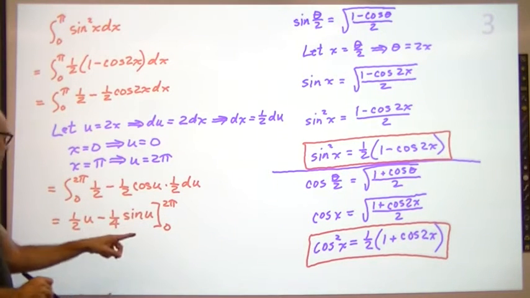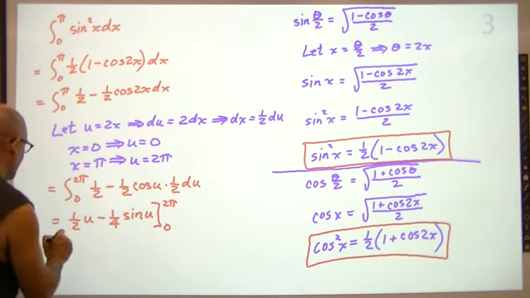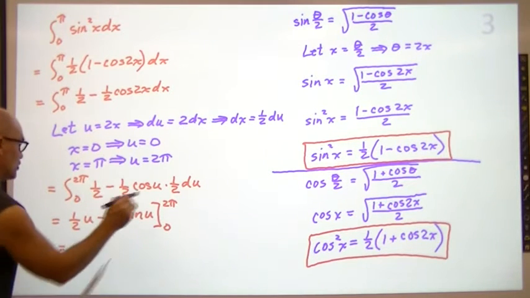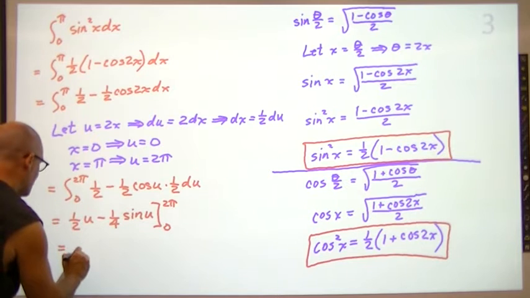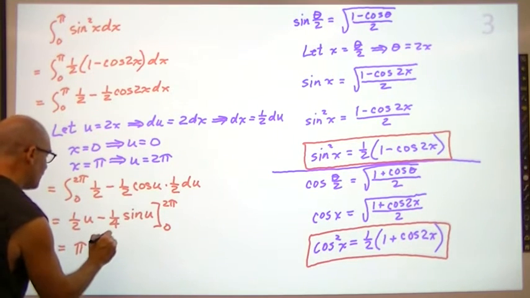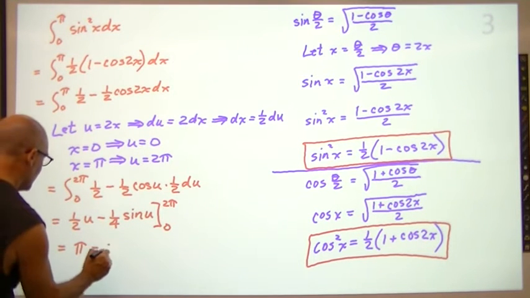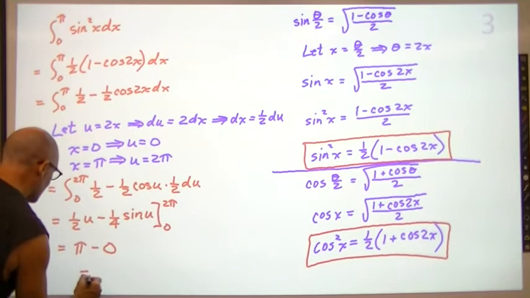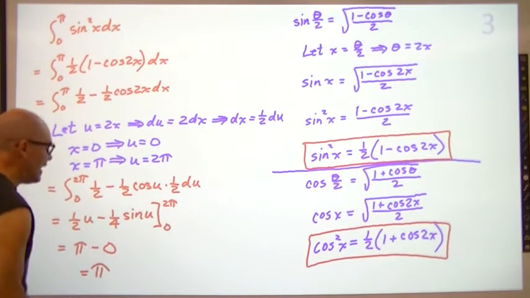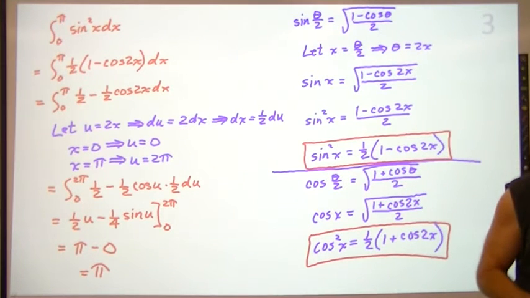Now sine of 0 is 0, so the bottom limit of integration is just 0. So basically I just put in my 2 pi, so 1/2 of 2 pi is pi, minus 1/4, well notice sine of 2 pi is 0. Bam, that's it. The integral equals pi. Let's make sure.